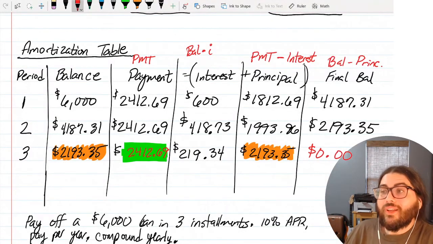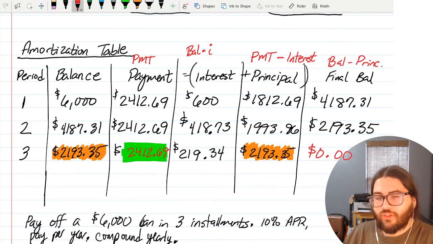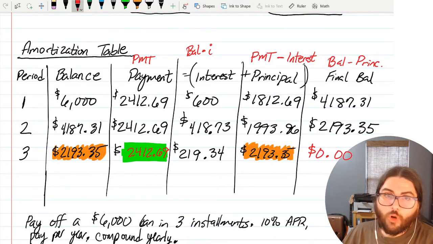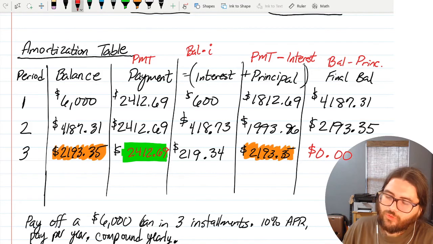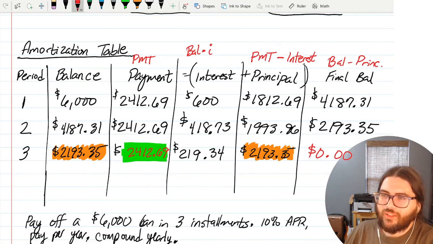Okay, so in this case, the last payment ended up being exactly the same. That won't always be true. Sometimes it'll be off by a cent or two. In this case, because there were so few payments, it wasn't a big deal.